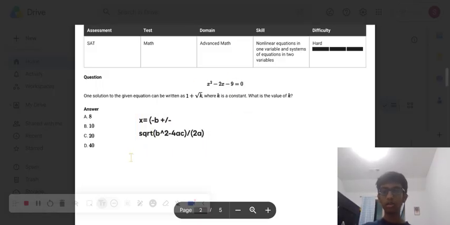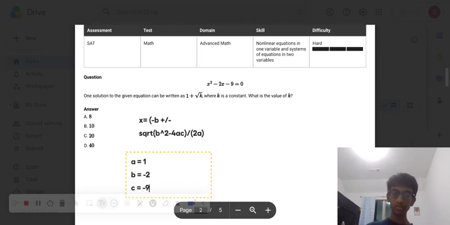So what do we know are our coefficients? Well, a is equal to 1 because the coefficient of the x squared term is 1. We know that b is equal to negative 2 since the coefficient of the x term is negative 2, and c is equal to negative 9. Now we just plug it into this equation.